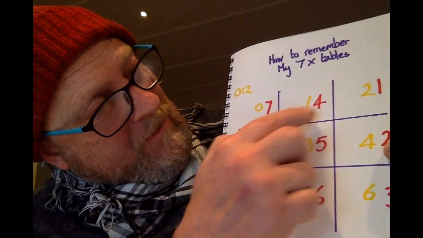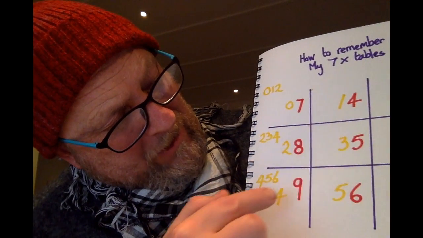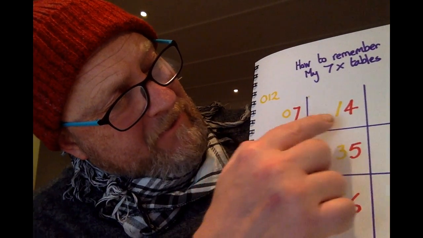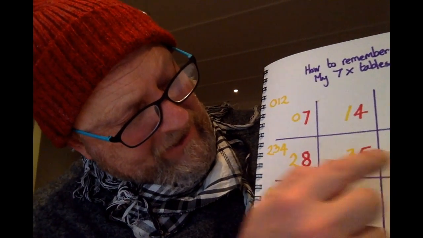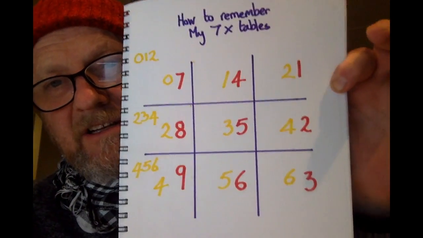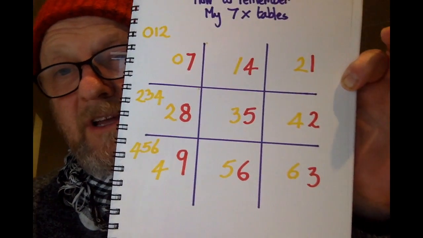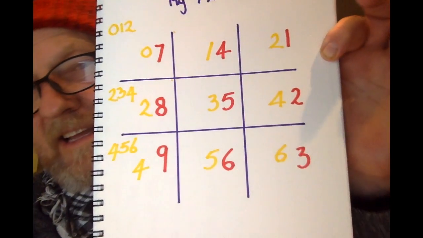And then on the horizontal rows, you write the numbers 0, 1, 2, 2, 3, 4, 4, 5, 6. And when you've done that, you'll notice that it goes 7, 14, 21, 28, 35, 42, 49, 56, 63, which are, of course, our 7 times tables. So using a noughts and crosses board, I have consolidated my understanding of 7 times tables.